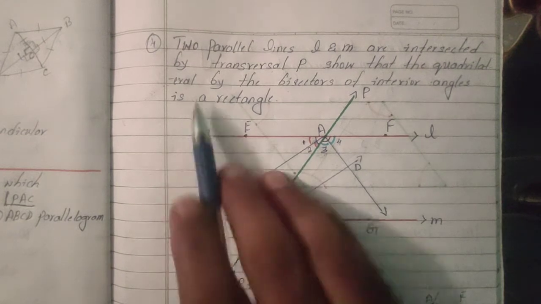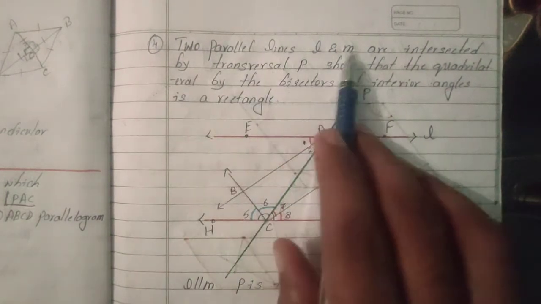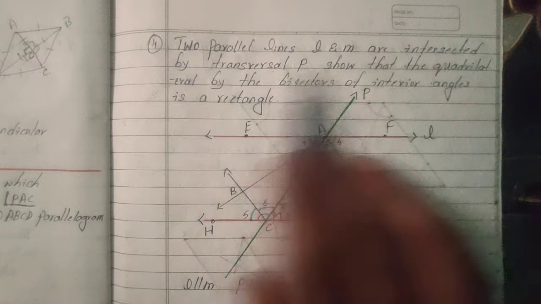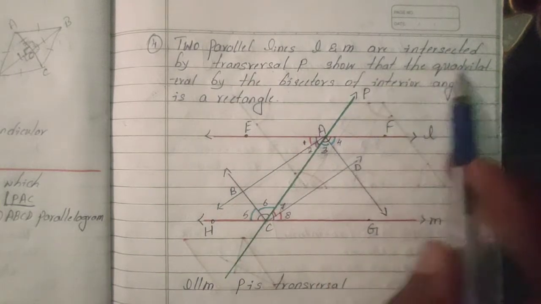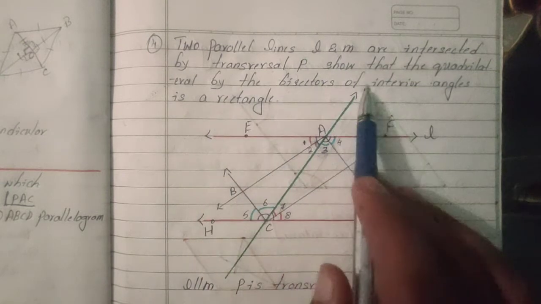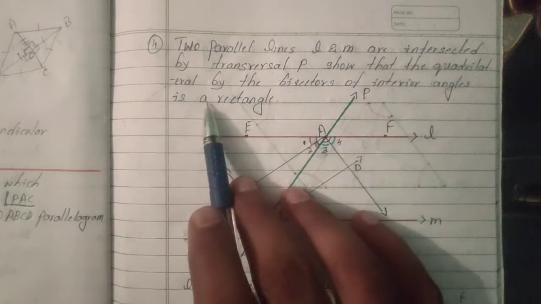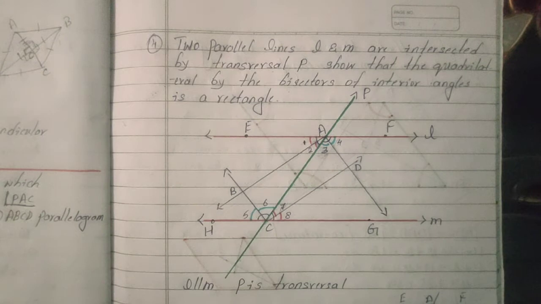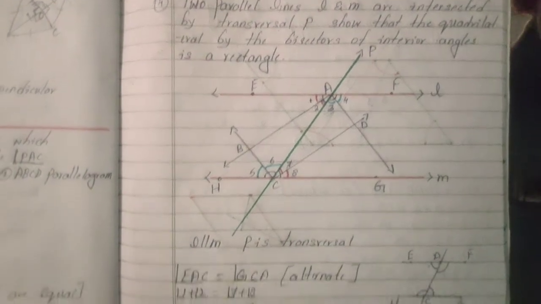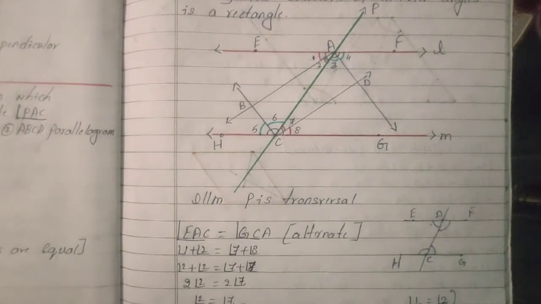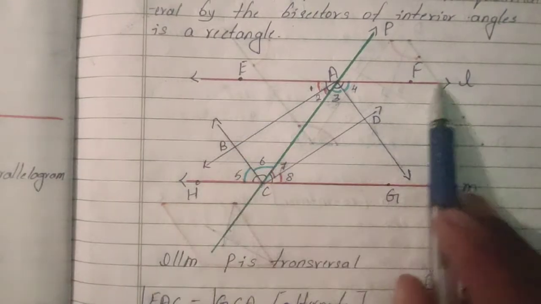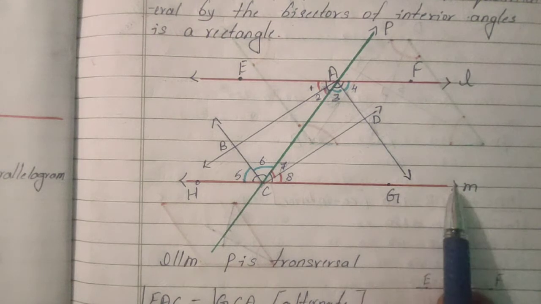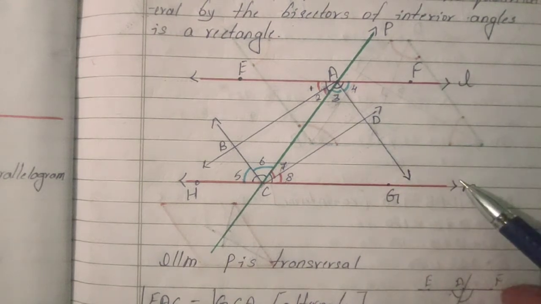Now, two parallel lines L and M are intersected by transversal P. Show that the quadrilateral formed by the bisectors of interior angles is a rectangle. Look at this diagram. Here this is line L, this is line M. These two are parallel.